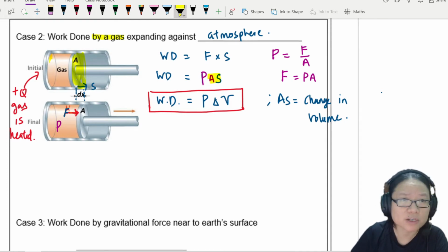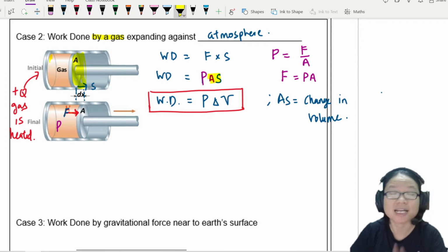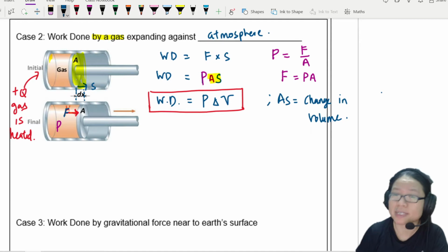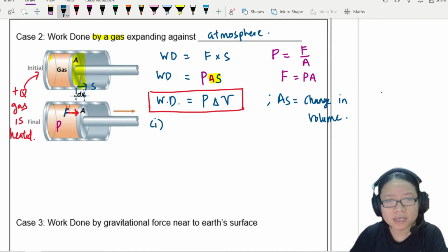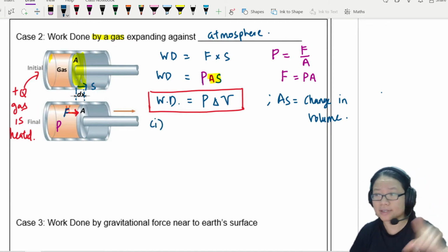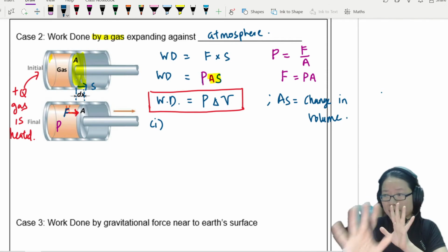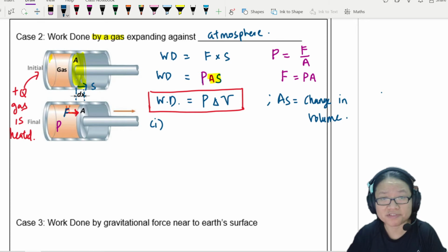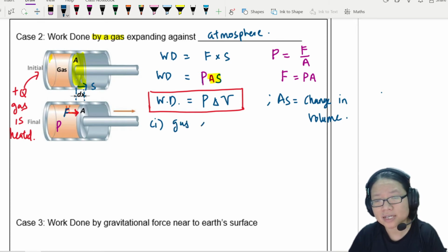There are a few things to know here. Number one is a sign convention that CIE applies, and we apply it throughout the syllabus. In this scenario, your gas expands, meaning your change in volume is positive.